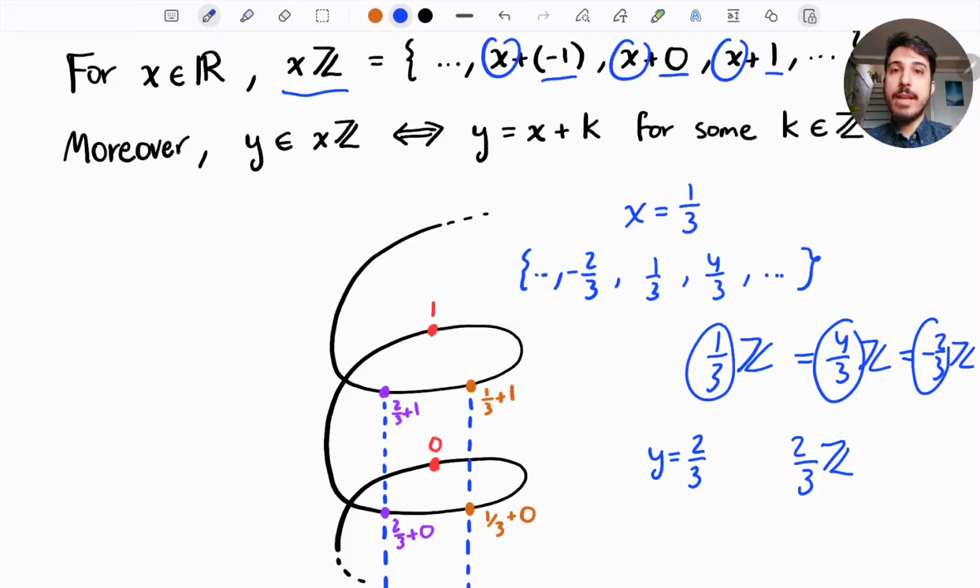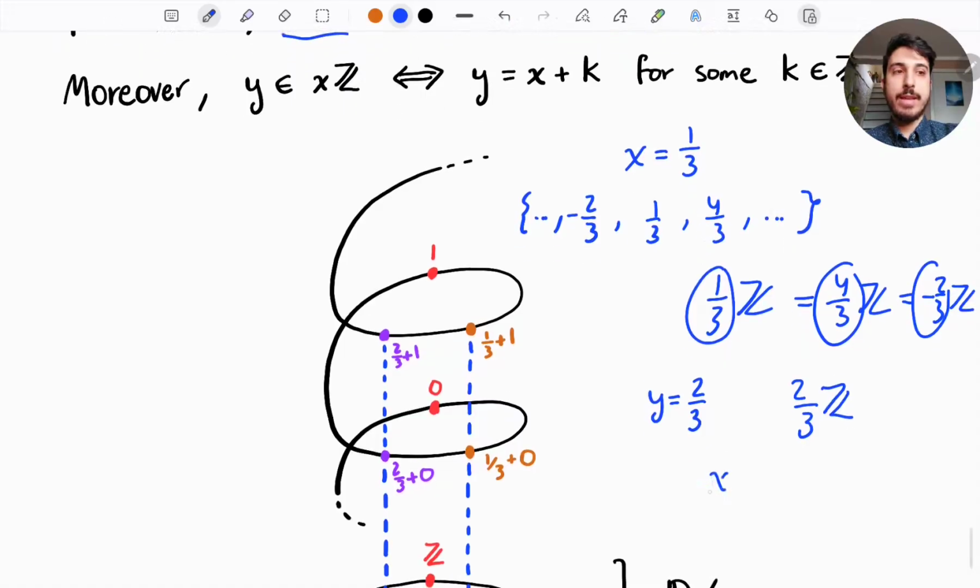In fact, we have an infinite number of cosets, and all the cosets that we need are the ones where x is a number between 0 and 1. For each real number between 0 and 1, we get a different coset, a different line like this cutting through the helix.